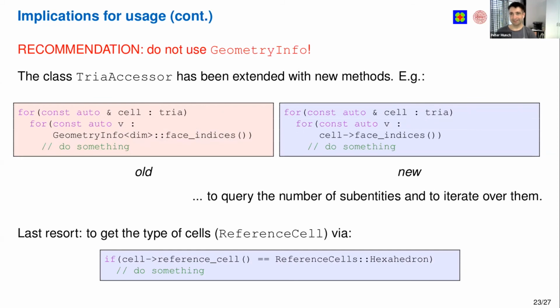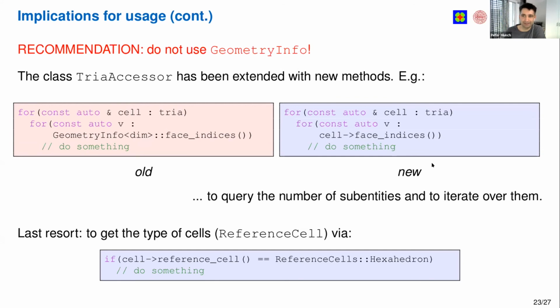Also, don't use GeometryInfo. GeometryInfo works for hexes and quads, but not for general cell types. And so that you don't have to use this class, we have introduced a lot of utility functions.